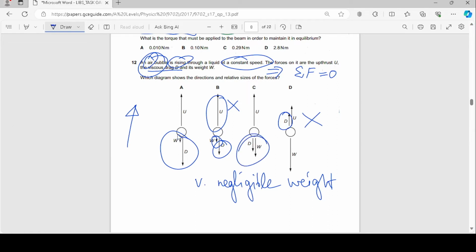The reality is that it's really small weight, so we can cancel out C for that reason. And so A is going to be the correct answer, because A and C both show that the upthrust equals W plus D, but W has to be much smaller than D and U. So that's why we have to say that A is the correct answer. Okay.